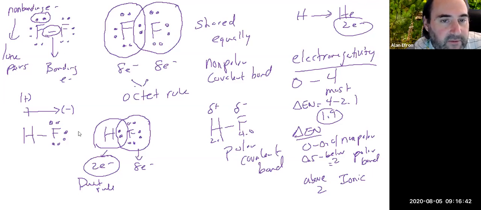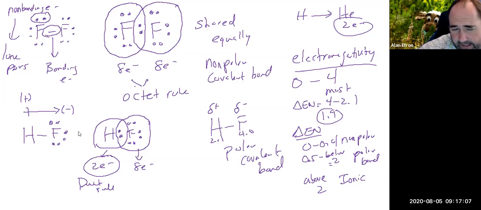To be honest with you, as we talked about in terms of ionic bonds, you really don't need the electronegativity values, because pretty much if you see a metal and a non-metal present, you should know it's going to be an ionic bond with no sharing of electrons. But we do use electronegativities to help us determine this.